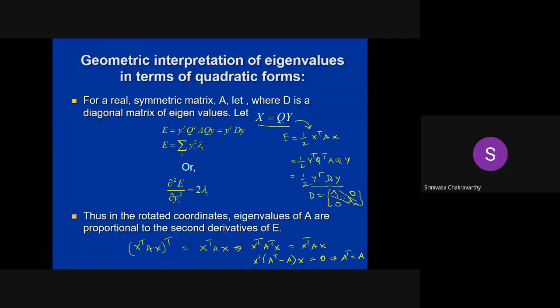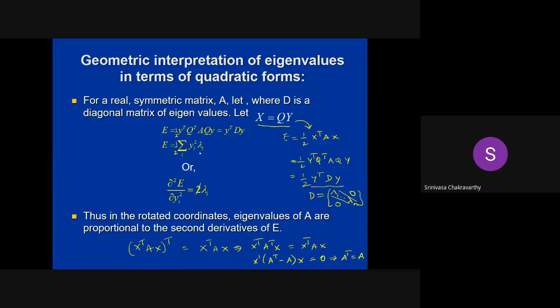I am putting a half here because it is advantageous: when I take a derivative, the half gets cancelled off and it looks nice. So the 2 goes away, and it will be the sum of half of lambda i yi square.